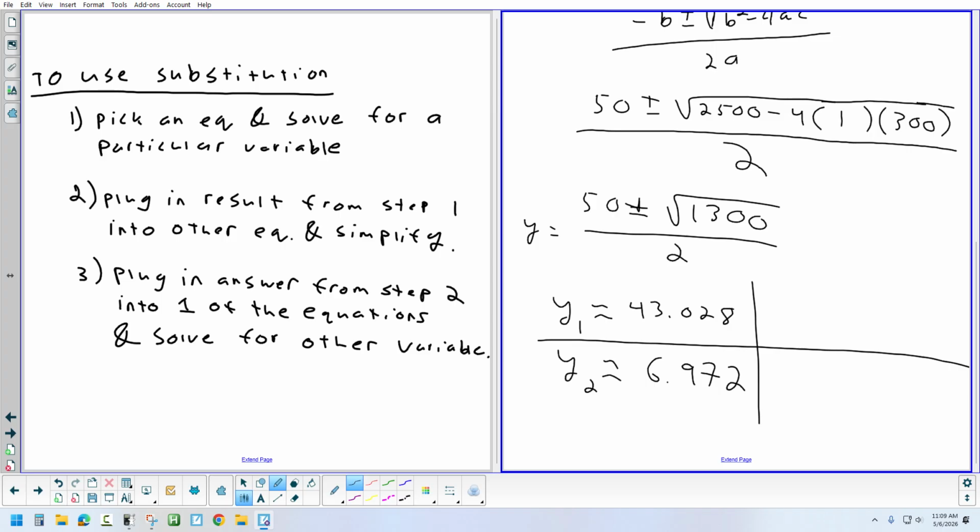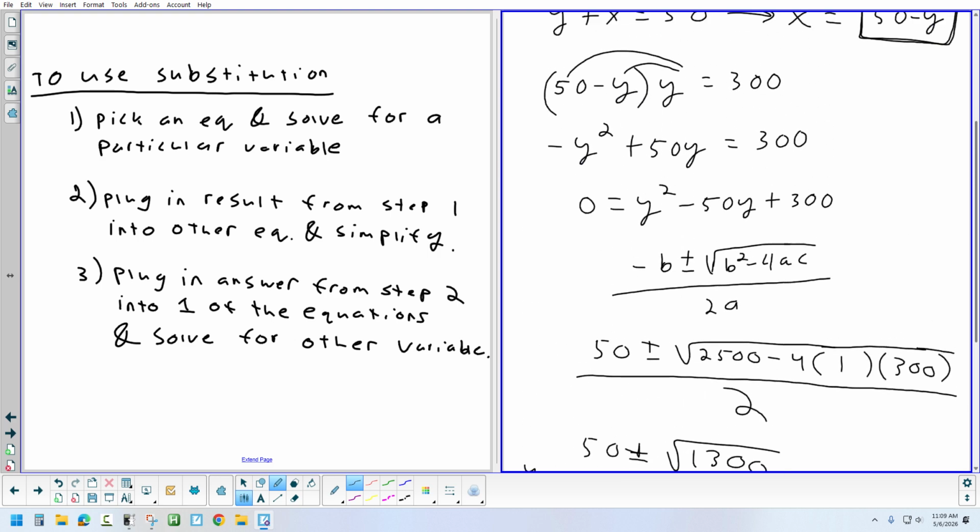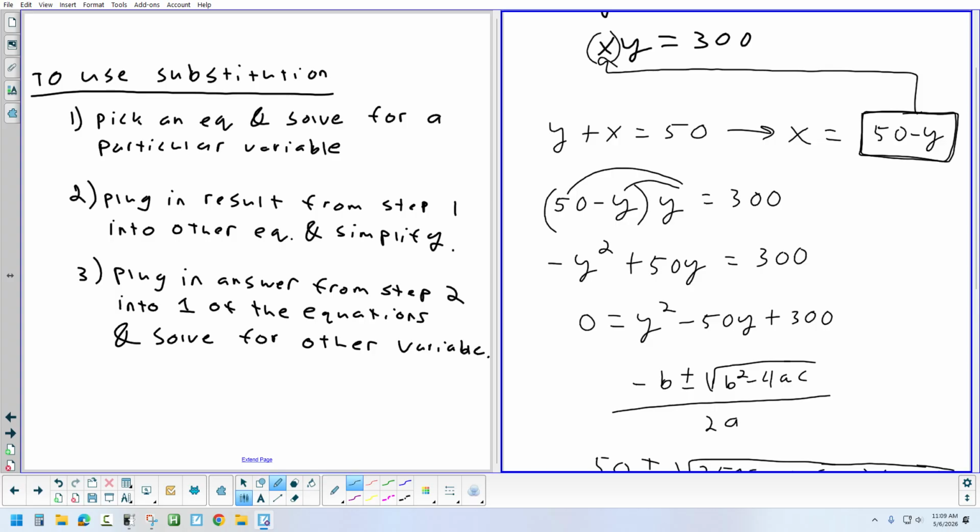What do I need to find now? Yeah, I need x. And x is going to have two answers, x1 and x2. Okay, to find x, we've got a formula right here. All you have to do is take 50 and subtract y, and that'll give you x.